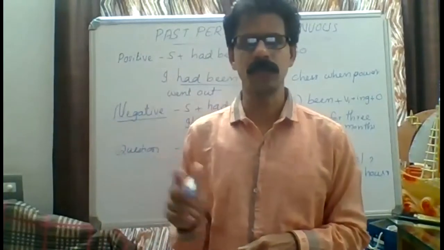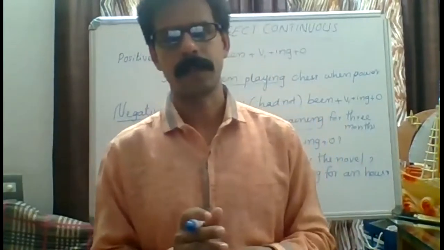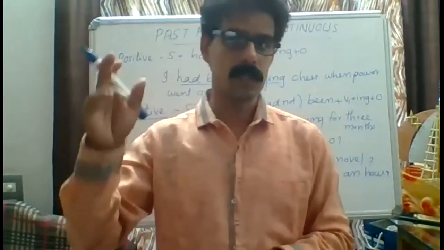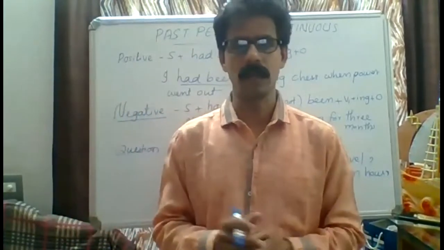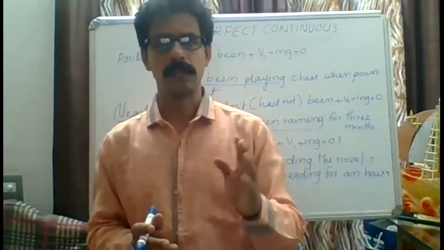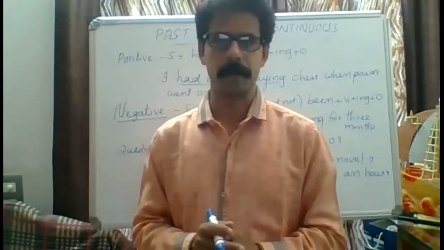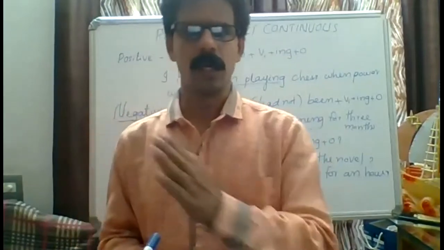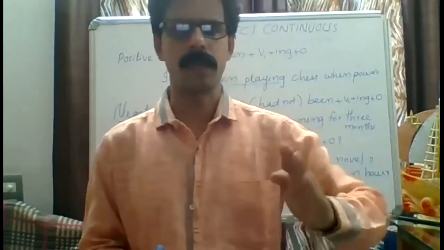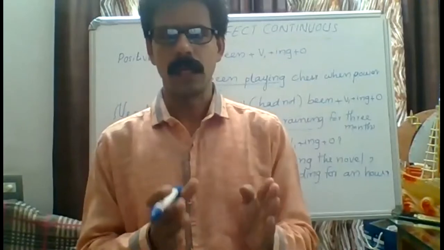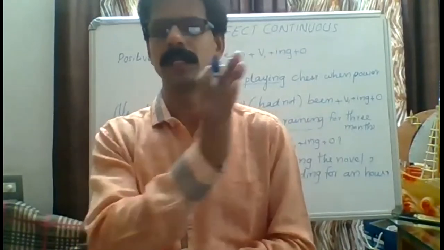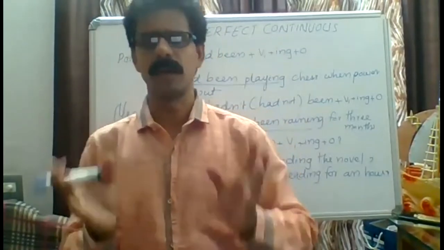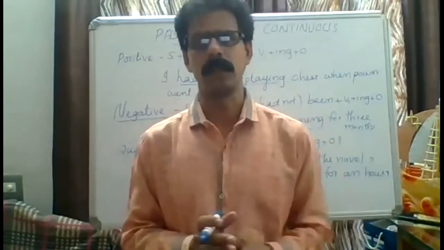But past perfect continuous is not like that. Past perfect continuous: it had been raining. It had been raining till the match started. It means an action happened for a long period in the past. Until the match started, it had been raining for a few hours maybe, or the whole day maybe.